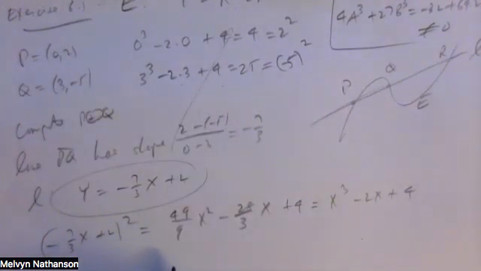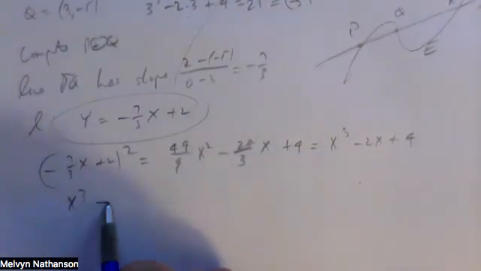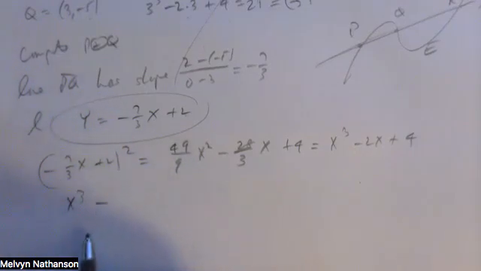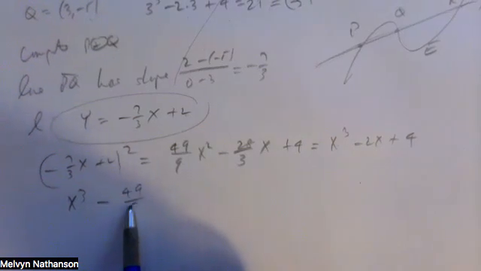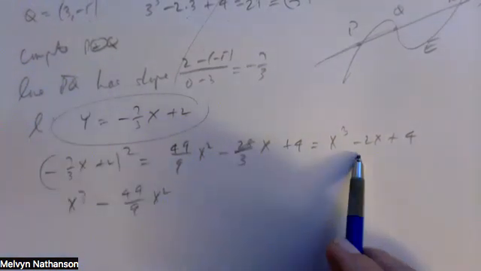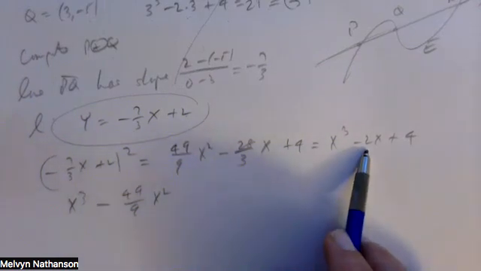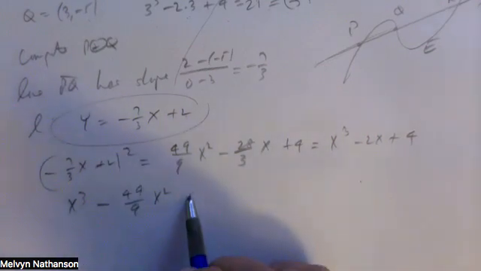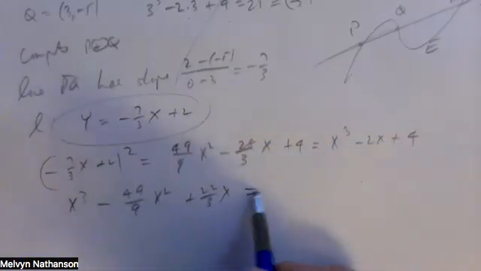I have to solve this equation for x. So this is the same as x cubed minus 49 over 9 x squared. I have 28 over 3 minus 2, which is 28 minus 6, so that's plus 22 over 3 x, and the 4's cancel, equals 0.